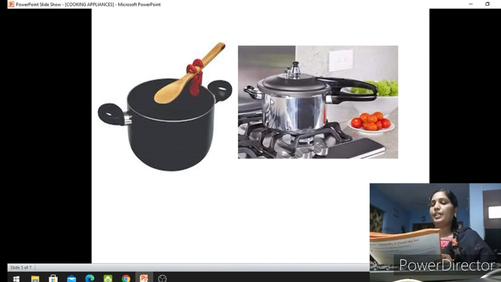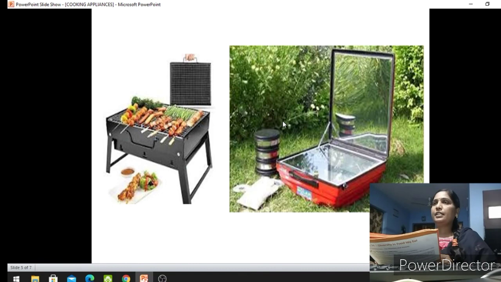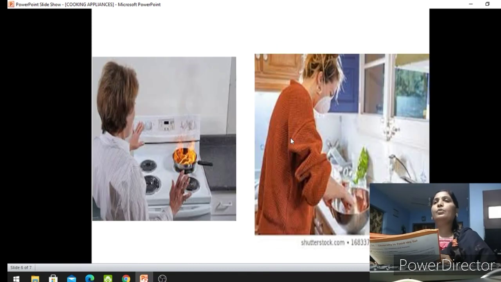Understood, children? And on page 28, a paragraph is given about how to cook safely. Just now we discussed all the safe cooking methods. In the same way, here also one story is given for you. Read that story nicely and try to answer the questions given below.